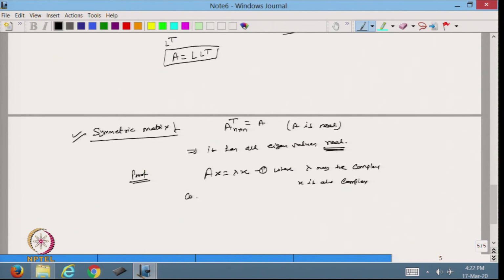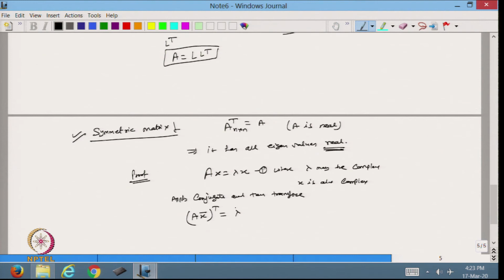So, this is equation number 1; apply conjugate and then transpose. A is real, so it does not matter.